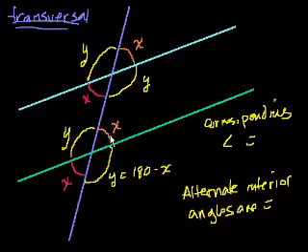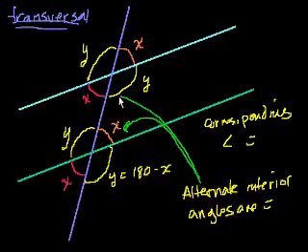That's a very complicated way of saying this orange angle and this magenta angle right here. These are alternate interior angles, and we've already proved if this is x, then that is x, right? This x and that x are alternate interior, and actually this y and this y are also alternate interior, and we already proved that they equal each other.